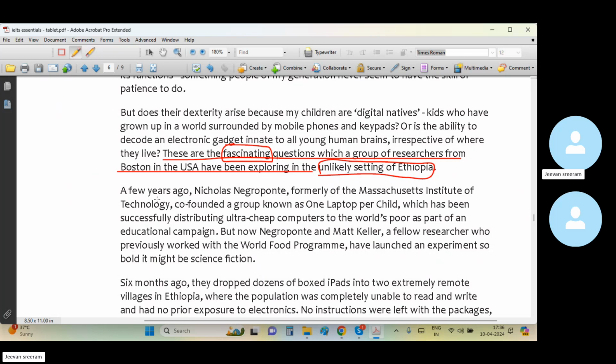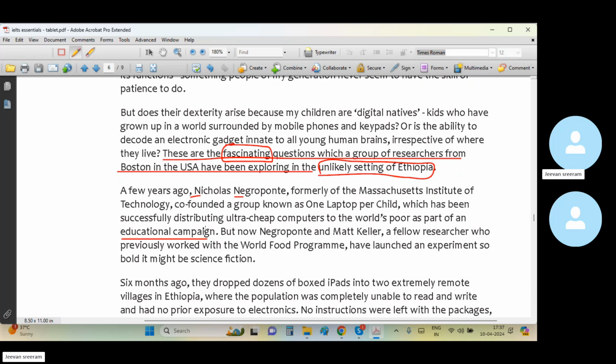Please observe. A few years ago, Negroponte, formerly of the Massachusetts Institute of Technology, co-founded a group known as One Laptop Per Child, which has been successfully distributing ultra cheap computers to the world's poor as part of an educational campaign.